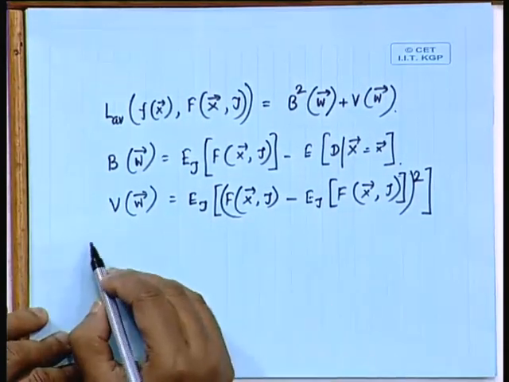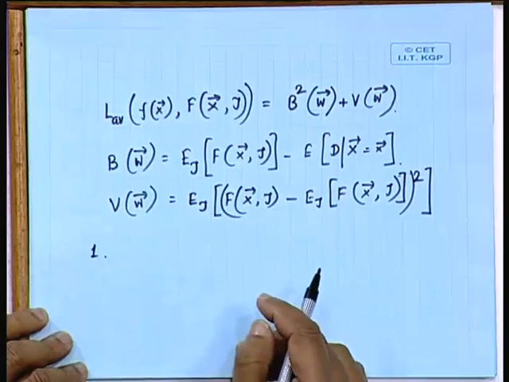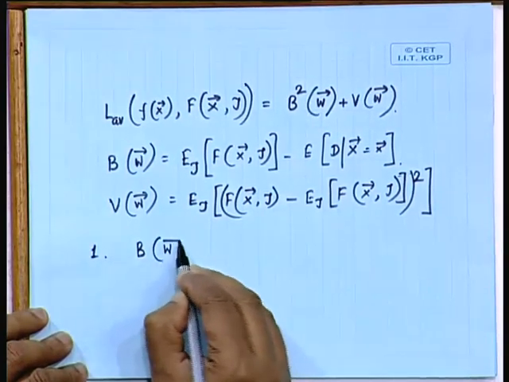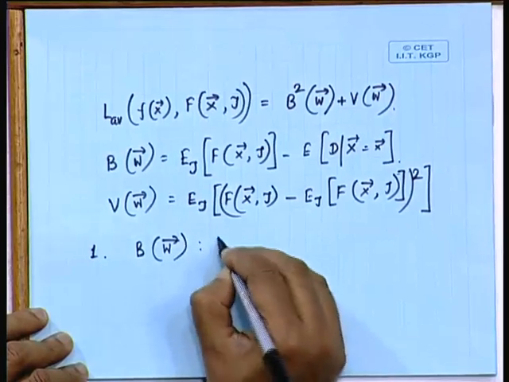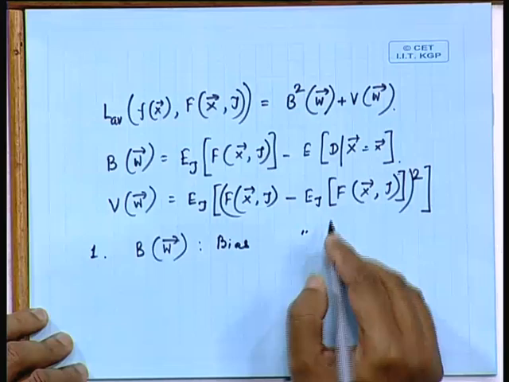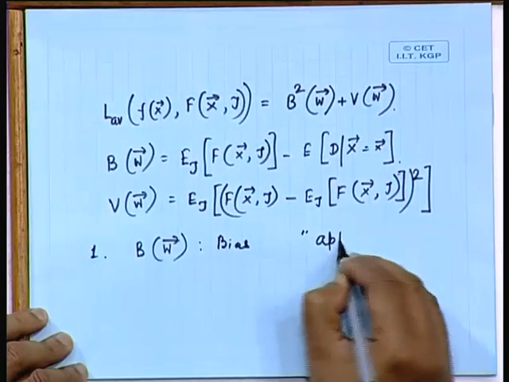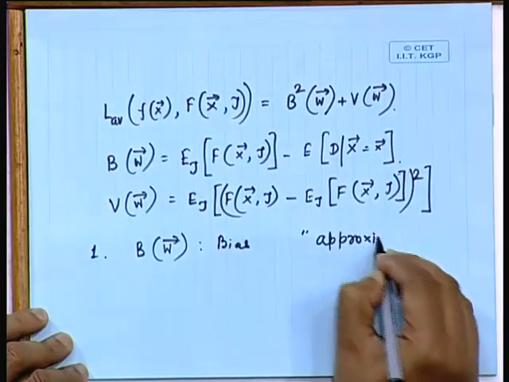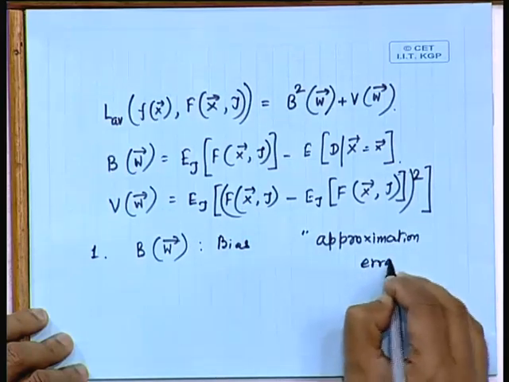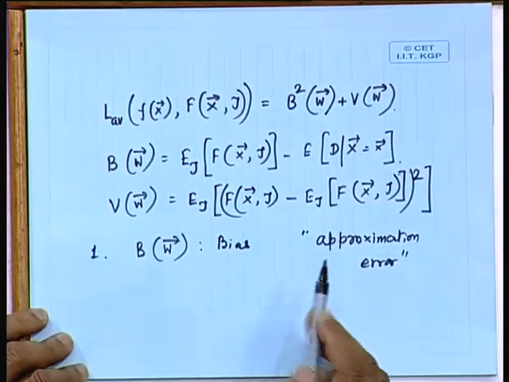Now, the interpretation that we can make out of these two quantities is that this bias term, that is b w, can be interpreted as approximation error, is it not? Just look at it. This bias term is indicating what?